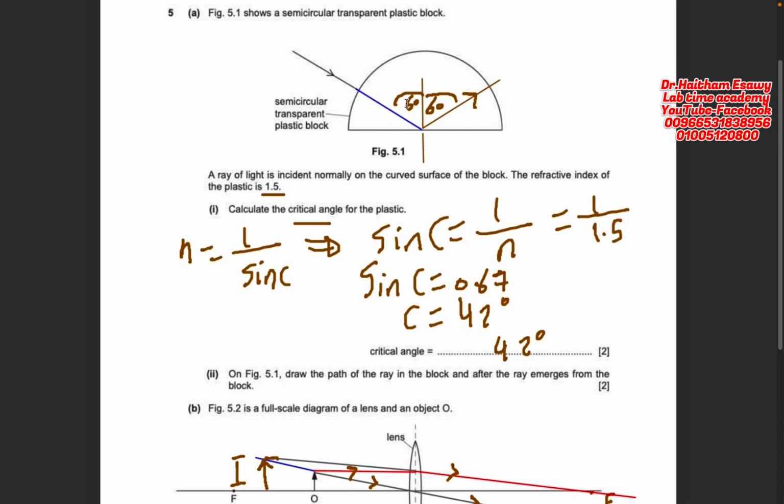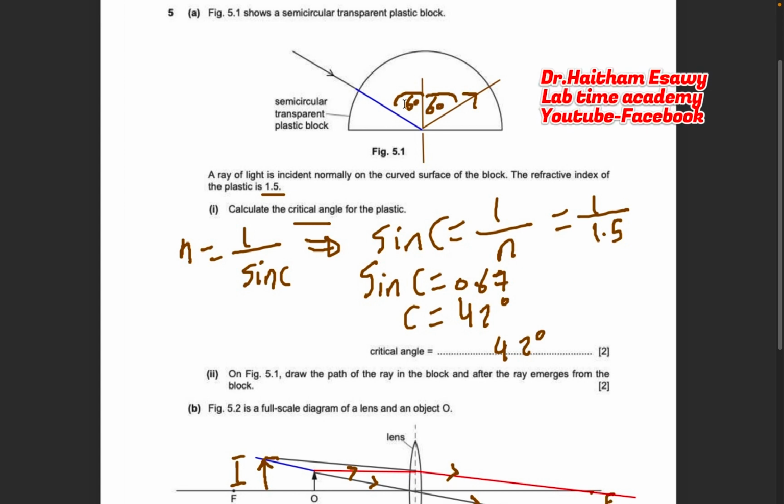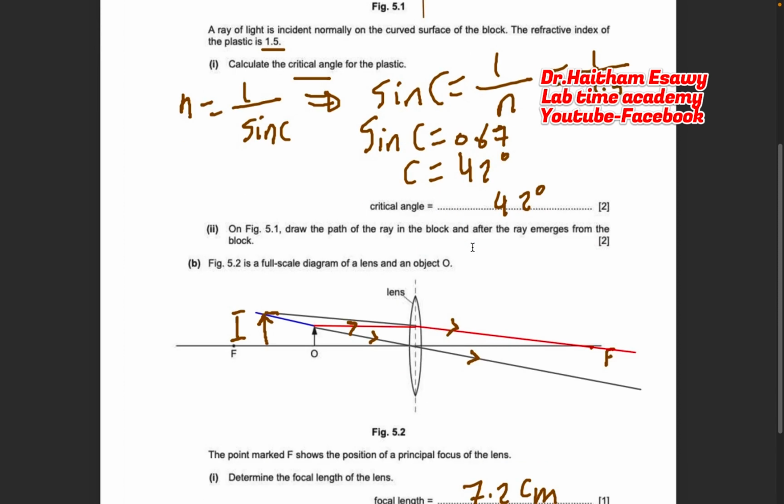And you know, if the angle of incidence is greater than the critical angle, total internal reflection will take place. So this means that the light ray will return back and reflect with the same angle of incidence, because the angle of incidence equals the angle of reflection. So the light ray will return back, and don't forget to mention the arrow on the line.